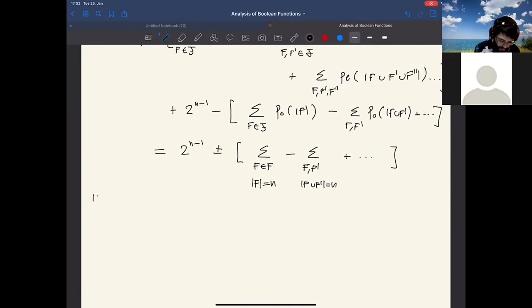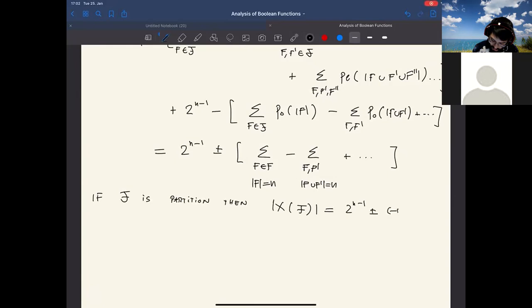But the point is, if F is a partition, then this sum here is actually easy to compute, and I will leave it as an exercise.